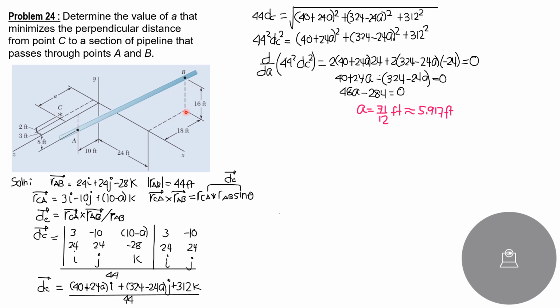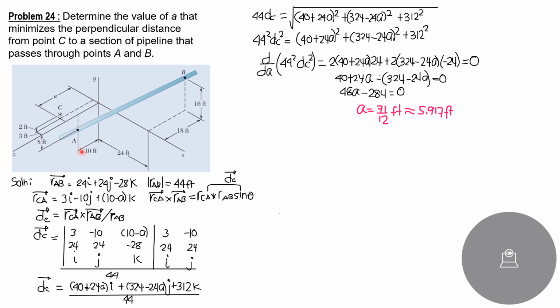So it's the same. So RAB, A to B, that's in vector form, the position vector. So from A, we move up 8 feet, backward 10 feet, rightward 24 feet, backward again 18 feet, upward 16 feet. So along X, 24, so positive 24i.